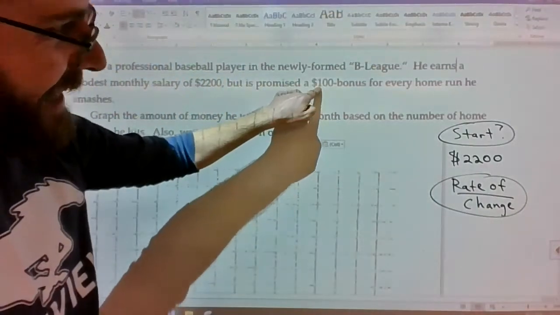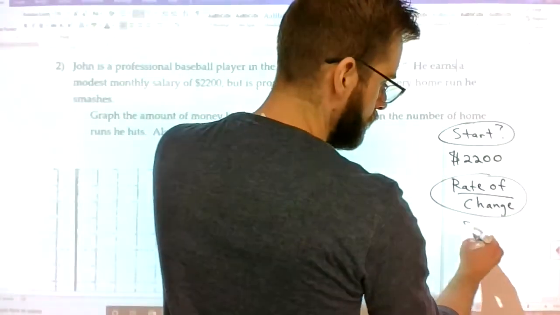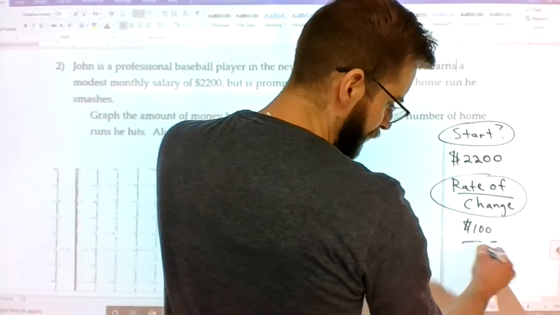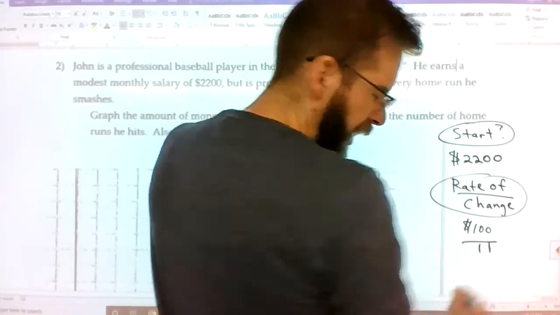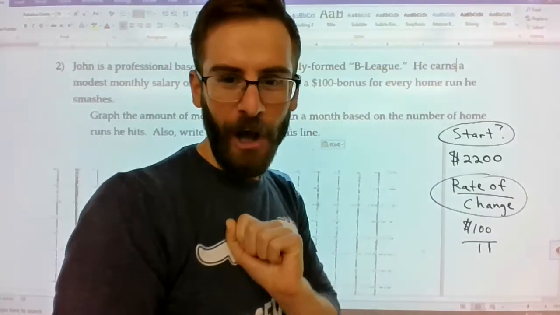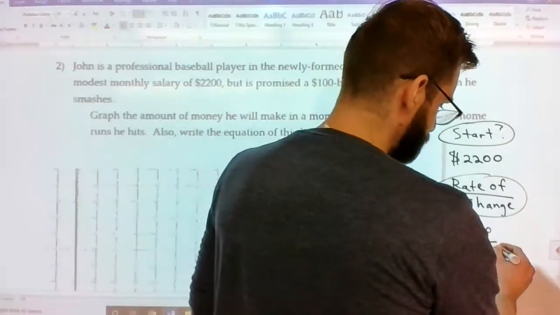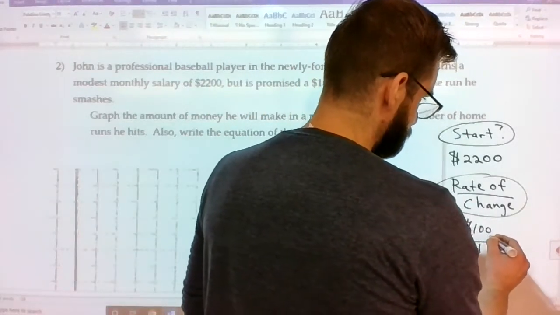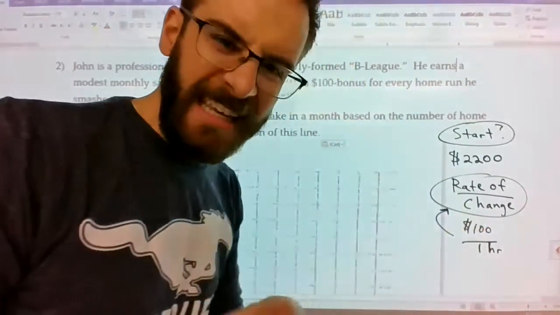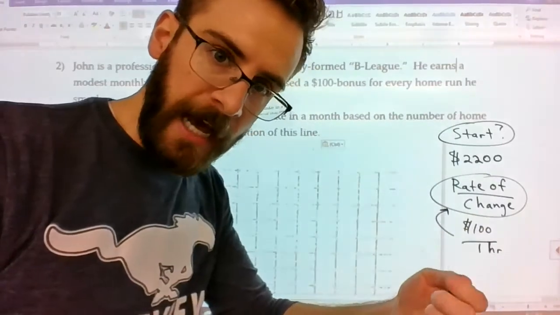Well, he's going to get $100 for every one home run he hits. I will use HR for home run. And I'm going to keep it positive because he's earning money, not losing money.